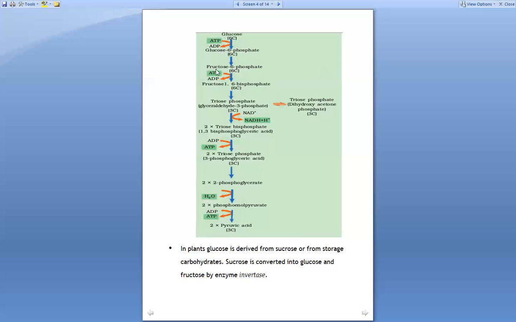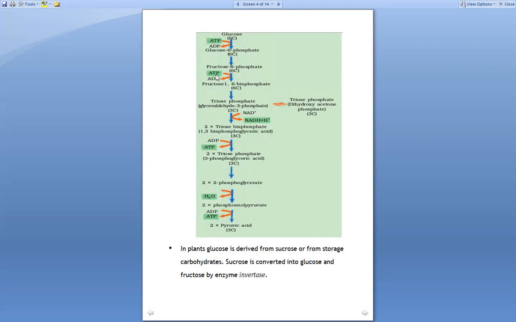Now again, in the third step, the fructose 6-phosphate, a 6-carbon compound, gets converted to fructose 1,6-bisphosphate, which is also a 6-carbon compound. I would like to draw your attention to this step, where in fructose 6-phosphate the phosphate is present on the 6th position.